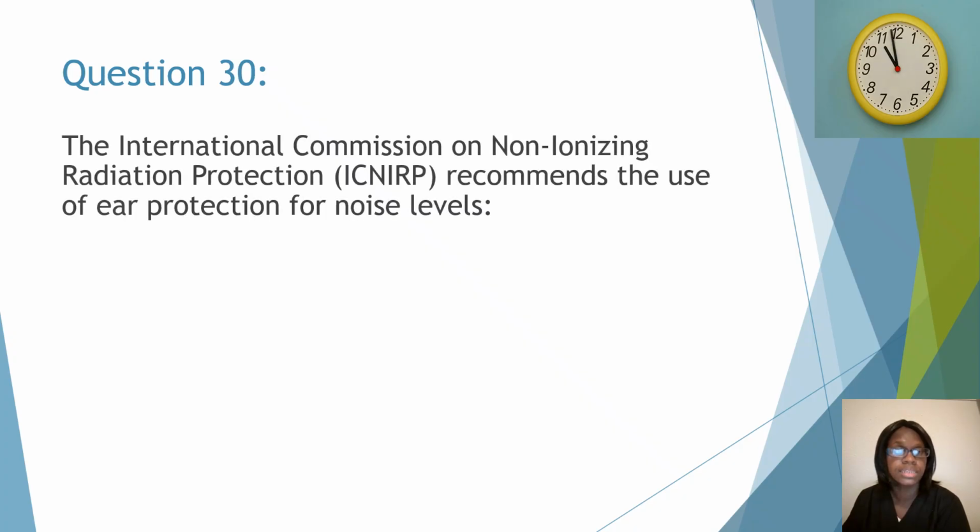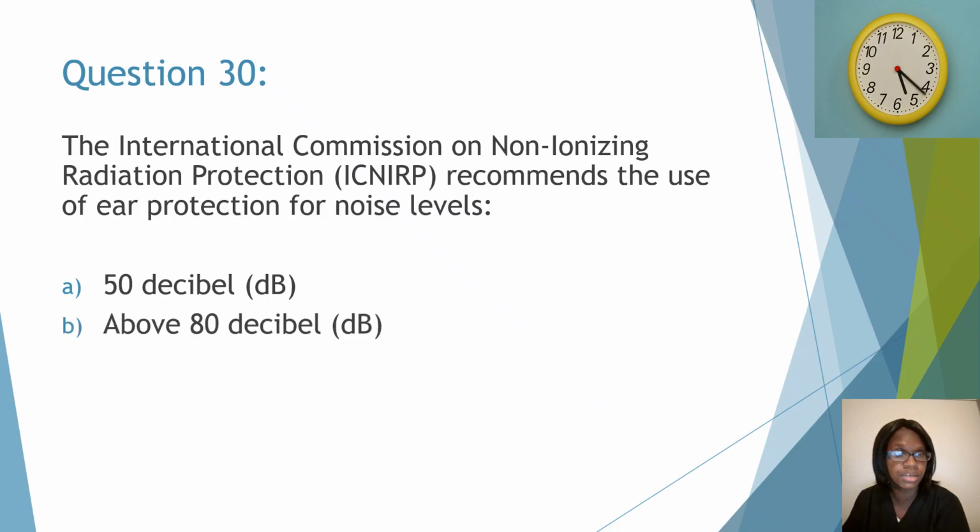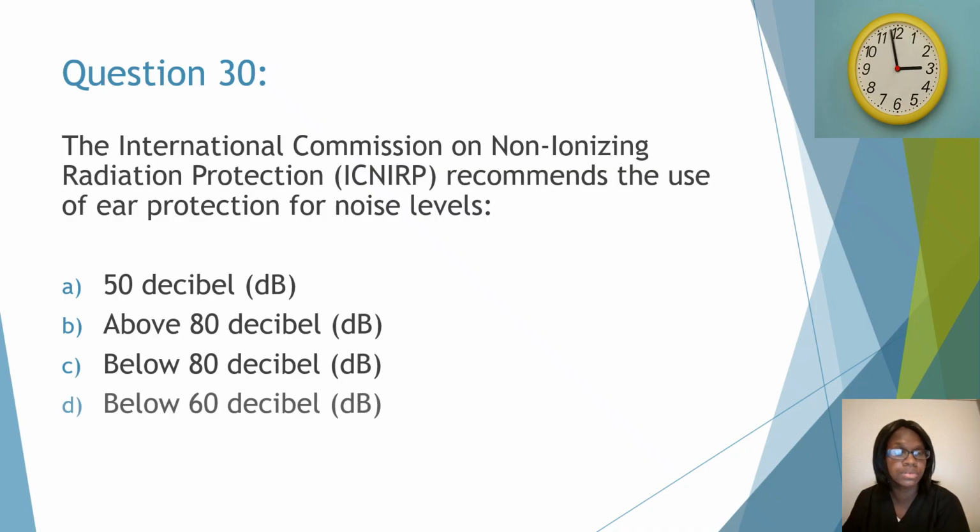Question 30. The International Commission on Non-Ionizing Radiation Protection recommends the use of ear protection for noise levels A, 50 decibel, B, above 80 decibel, C, below 80 decibel, D, below 60 decibel.